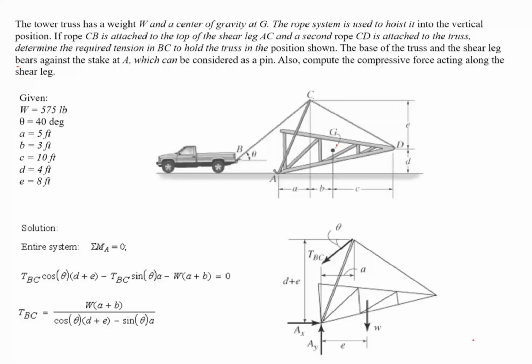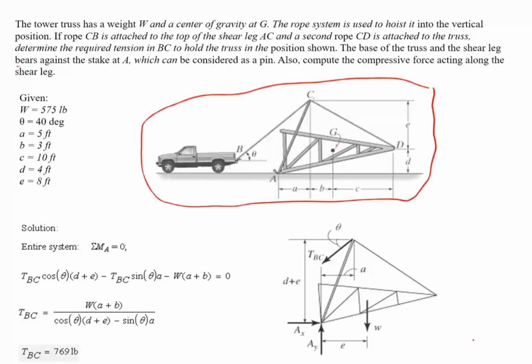Now, going back to this diagram here, I need to find this thing. This is inside the system. So I need to draw the free body diagram of any one point. I can draw the free body diagram of point C. I can draw the free body diagram of point A. I know BC, so the obvious thing is that we should draw the free body diagram of point C.